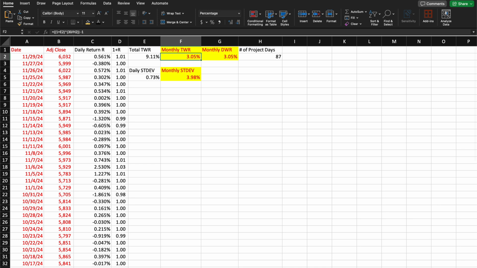Given that, for the total TWR, you take the product of column D and you subtract that from 1, and then you get to the monthly TWR, which is 3.05%, which is also the monthly DWR.